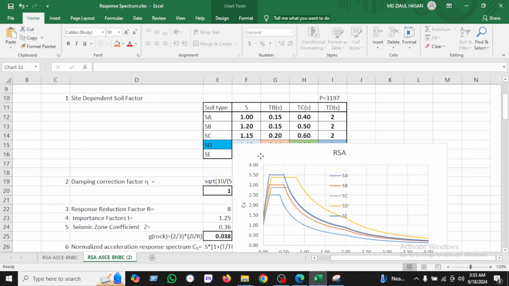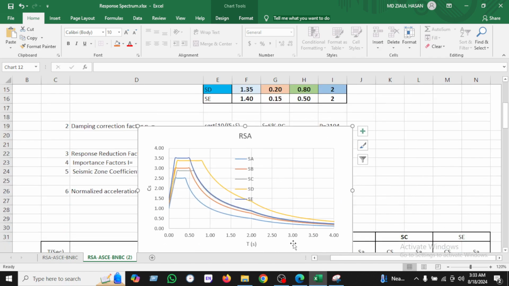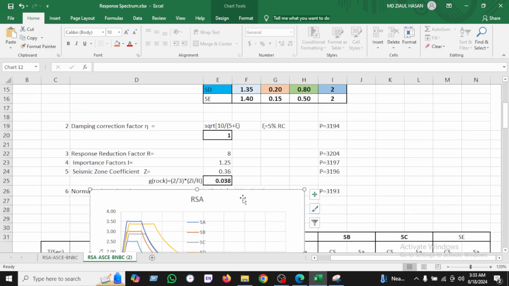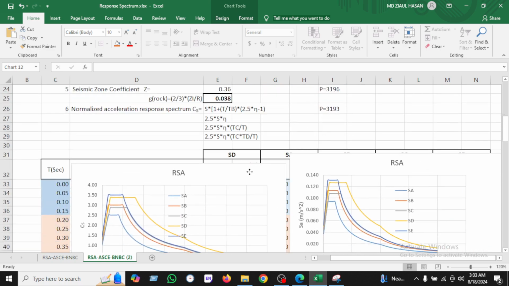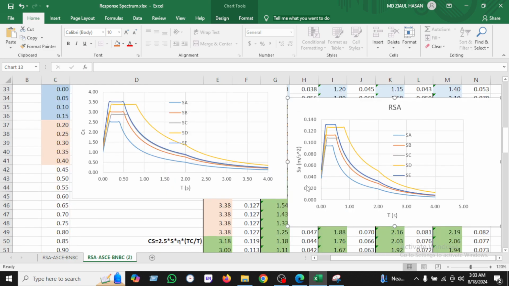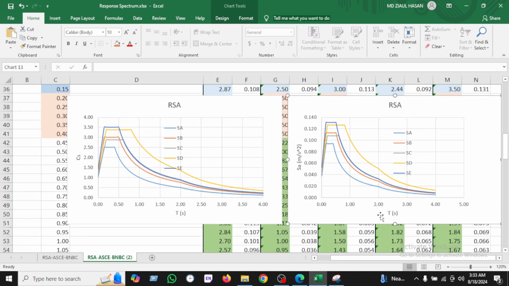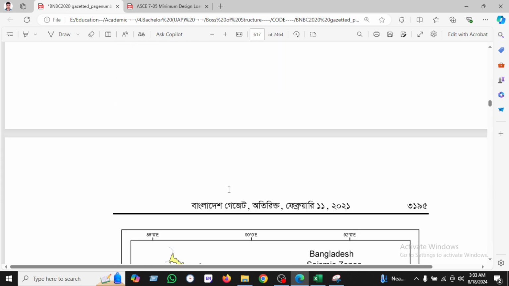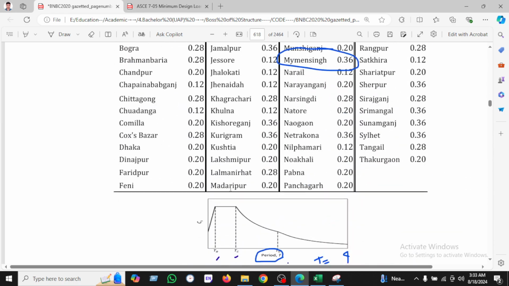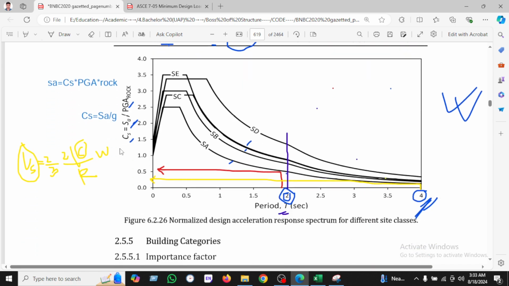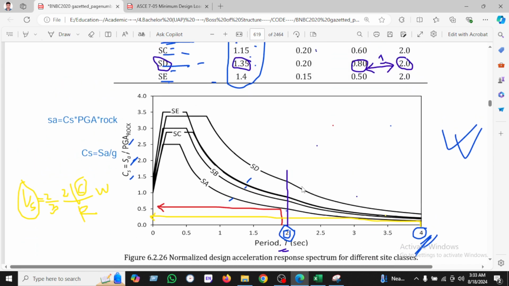At first I drew the CS versus time period. I am taking the response spectrum here. So at first we have taken the CS versus time period. We have shown the CS versus time period here. This is our response spectrum.